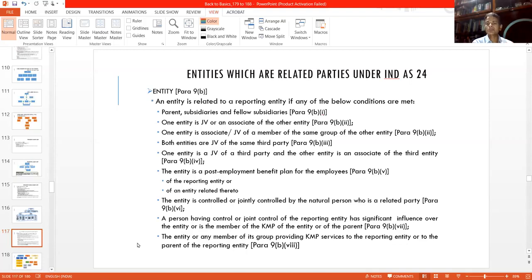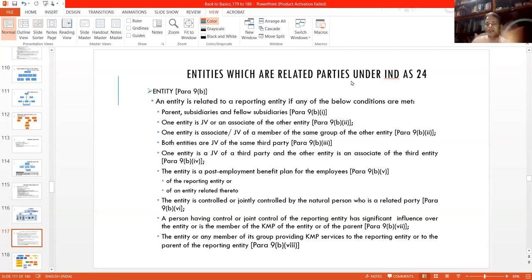So a parent, subsidiary or fellow subsidiary, irrespective of its organizational form, will still be a related party, and also no matter how many layers beyond the reporting entity it is situated at. It may be immediately above the company, immediately below the company, or might be several layers above or below the company.